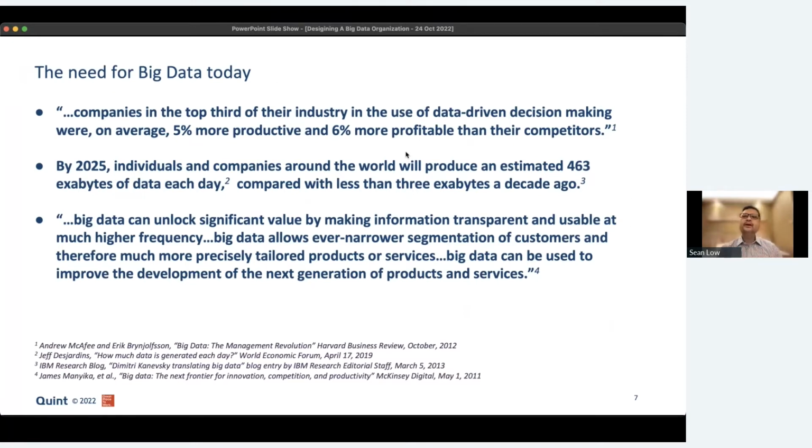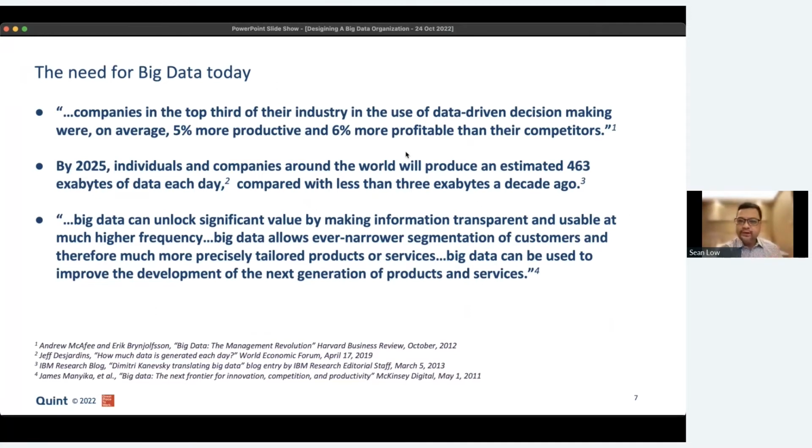But before that, why is big data important today? I've thrown in some numbers here, and I always like to make sure that this information reflects what is actually happening today. If you look at the first point, companies in the top third of their industry in the use of data-driven decision making were on average 5% more productive and 6% more profitable.